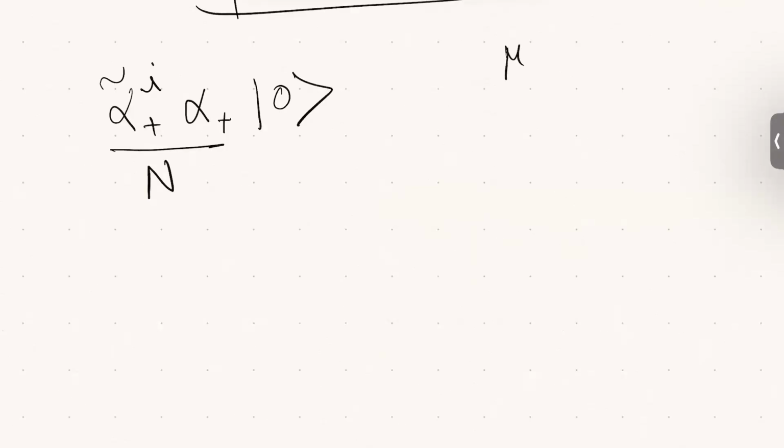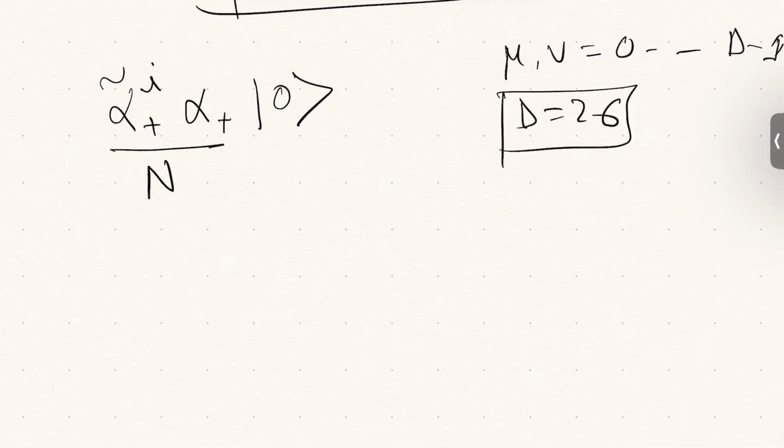Okay, so mu goes from 0 to D minus 1. Whenever D equals 26, that is when the Weyl invariance is satisfied. But whenever you are taking supersymmetric strings, the Weyl invariance is preserved only when D equals 10.